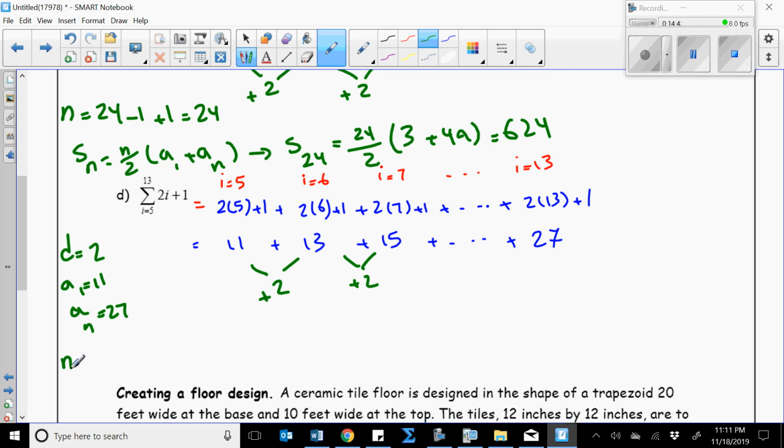And I need to find N. How do I find N? The upper limit, which is 13, minus the lower limit, 5, plus 1. So 13 minus 5 plus 1 will be equal to 9.